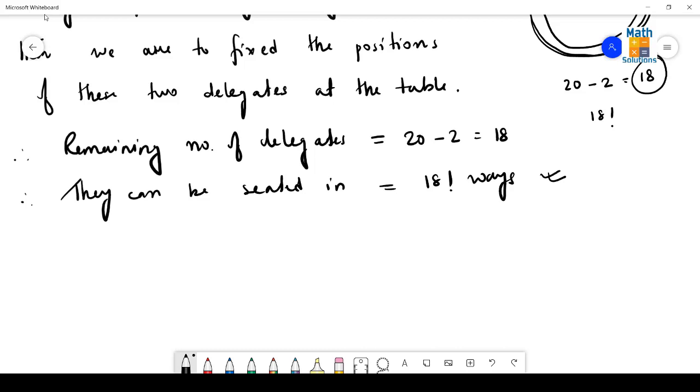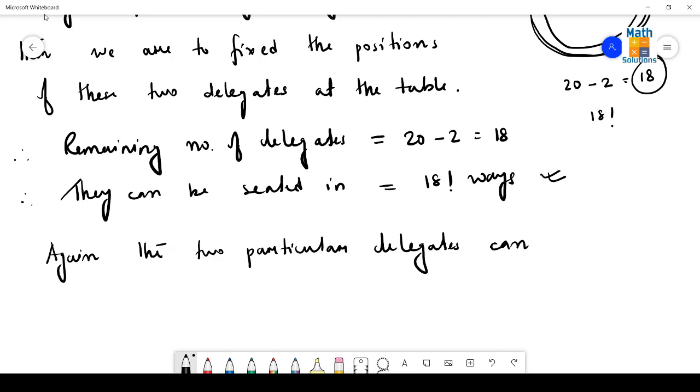Again, the two particular delegates can interchange their positions, or you can say their seats, in how many ways?